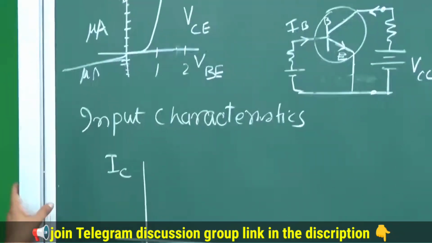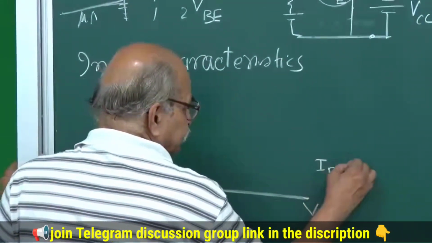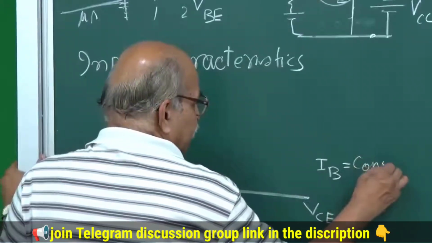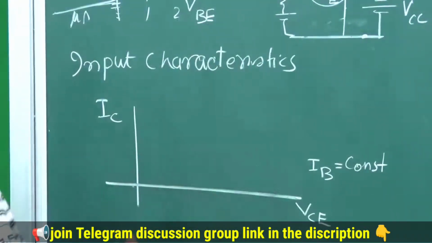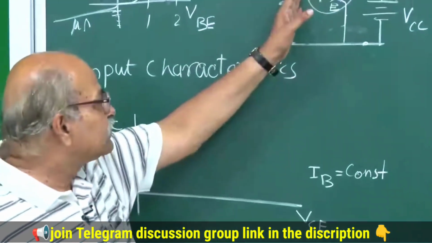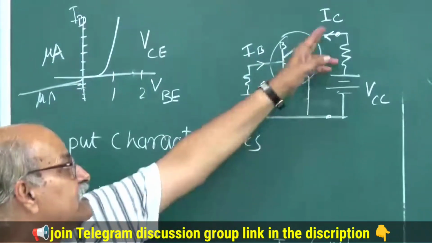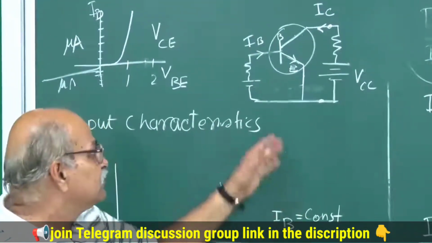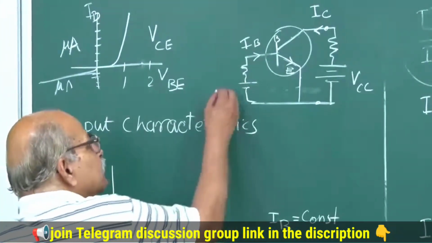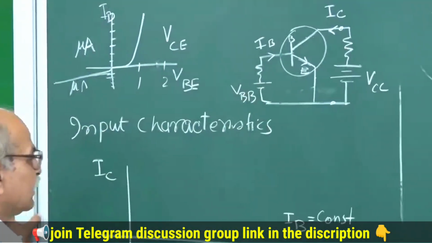In the output characteristic, IB is kept constant. For one particular curve, there will be one IB. And to keep this IB the same, we are now changing this VCE. So maybe we will have to readjust this VBB, but not really much.